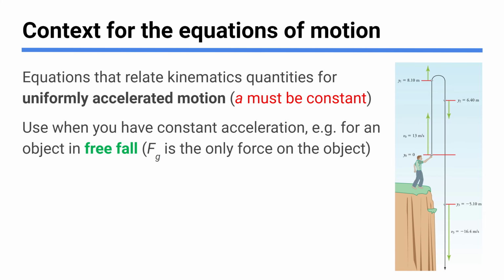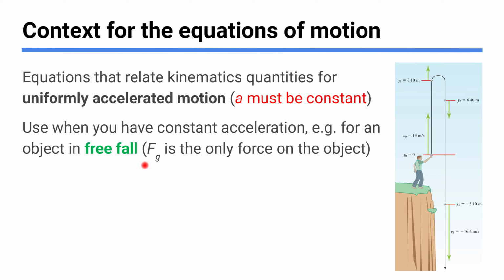So the main example where this comes up, and is a little sticky too, is free fall. Free fall is a great example of a time when you have constant acceleration, because free fall is defined as: an object is in free fall if the gravitational force, the force due to gravity, is the only force acting on the object.